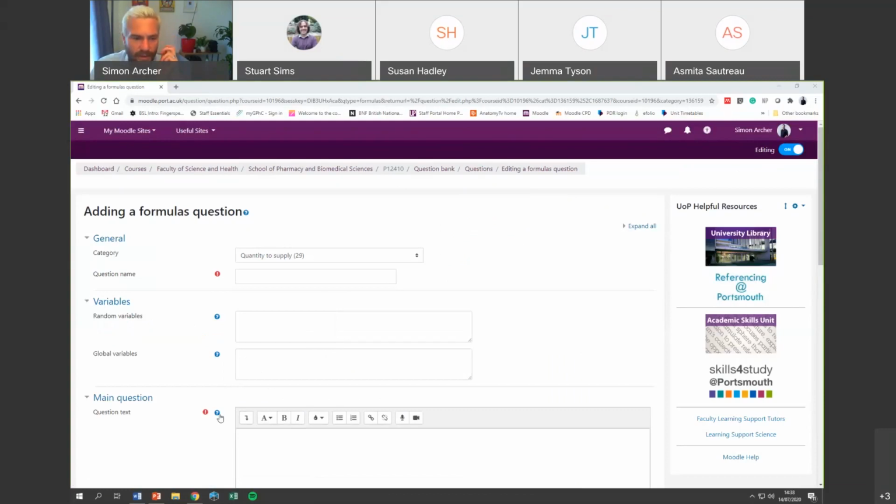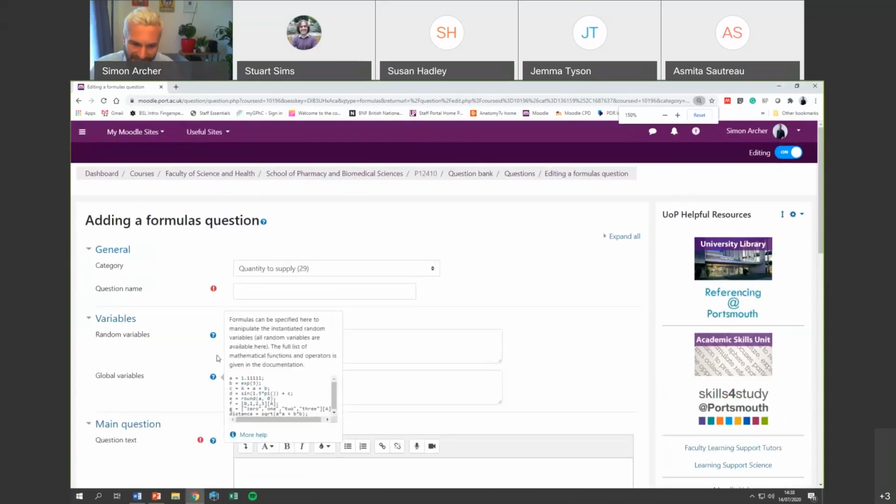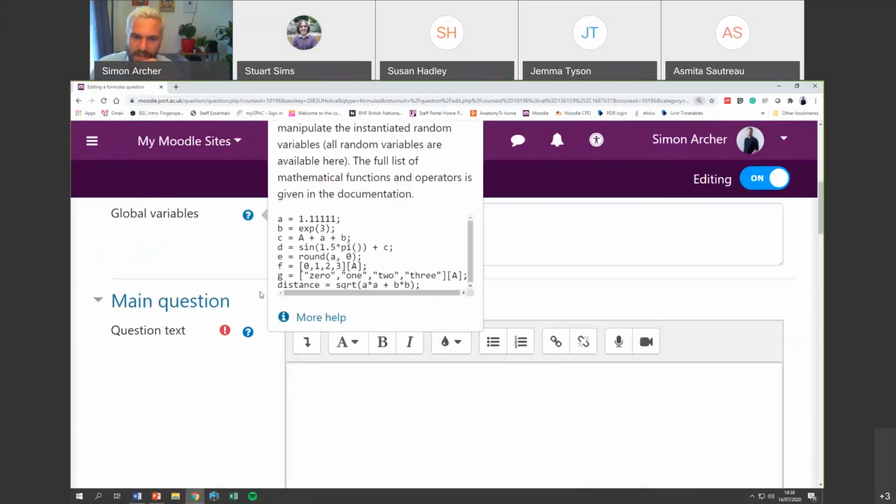Robert, hopefully you can see this. If you can't, let us know. Oh, actually, I can zoom in. There we go. So here you've got all the different things you can do. Yes, you can do sine, so you should be able to do some trigonometry on there as well. These are just some examples.